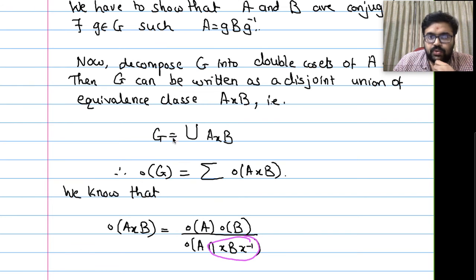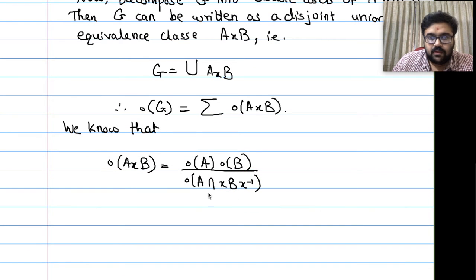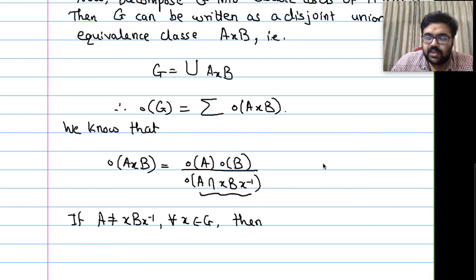So suppose A and B are not conjugate. If A is not equal to xBx inverse for every x in G, then consider this H intersection K. We know that it is a subgroup of H. We know it is a subgroup of K. And if A is not equal to this, then this is a subgroup, A intersection xBx inverse.